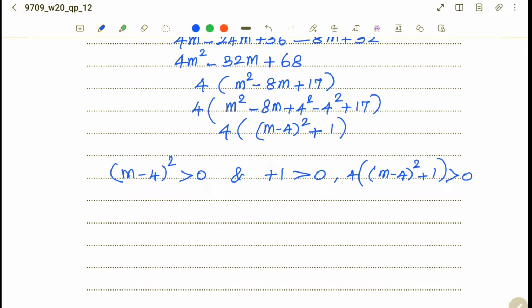Okay, because this is greater than 0 for all the values of m, this is nothing but b square minus 4ac is greater than 0. So it will have two solutions.